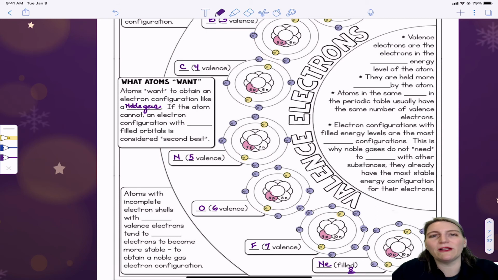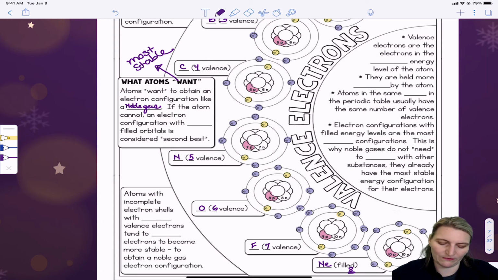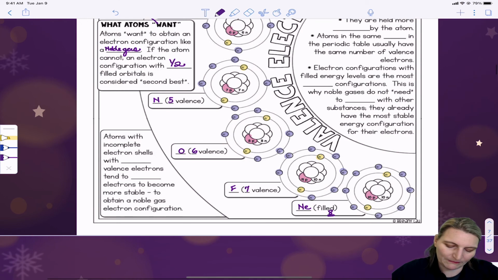And when we say want, remember, elements don't want anything. They're not humans, but they are most stable. So I'm just going to rewrite that to remind us that that's what we're really talking about. If the atom cannot, an electron configuration with half filled is best. And we saw that a little bit when we were looking at the electron configurations and orbital diagrams with the arrows back in chapter 5.